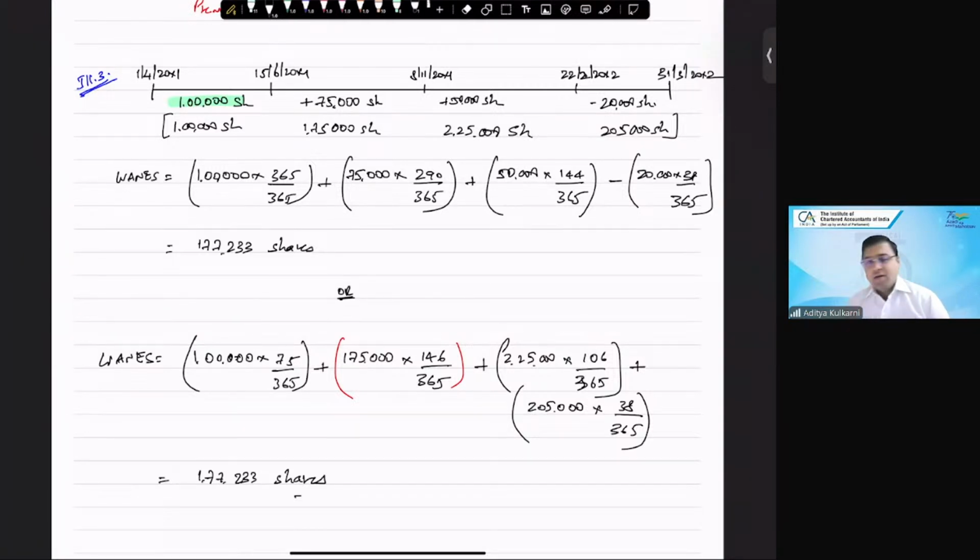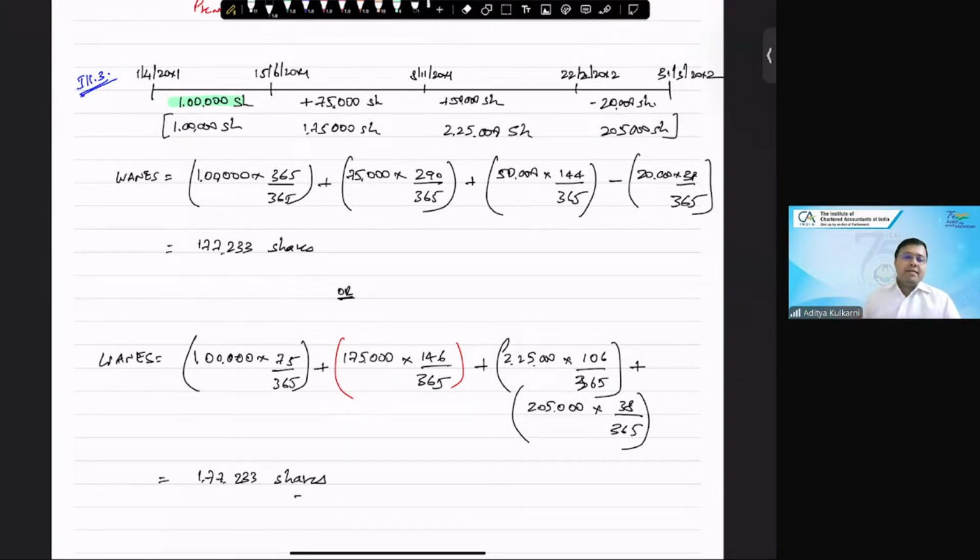Now, you can follow either of the two methods. You can either follow each individual buildup of shares separately, like how we saw in the first method, or, in the second method, you go on taking the cumulative value of shares at each point of time where the capital structure changes.